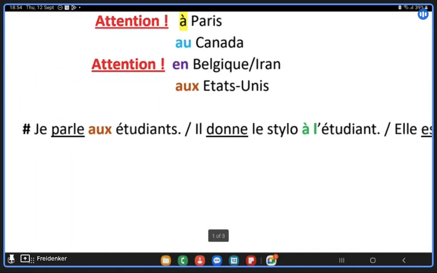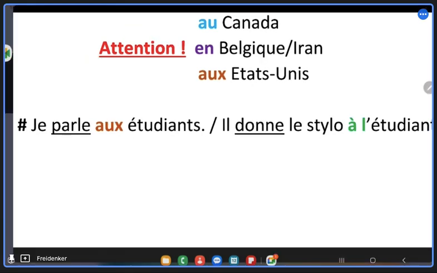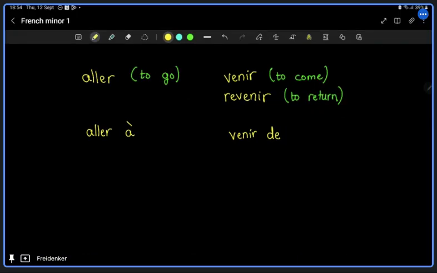So some examples here. Okay, these are some new examples. When you say I speak to the students, here there is no movement, there is no coming or going.